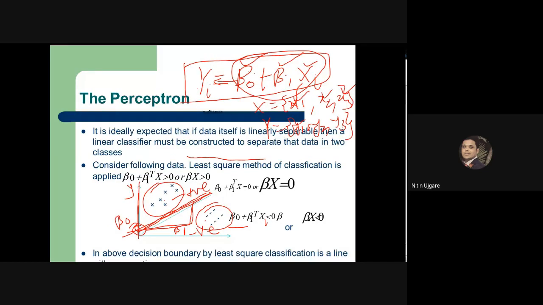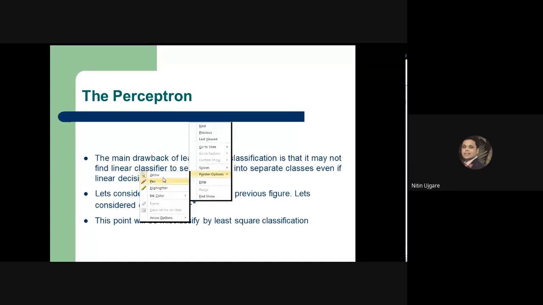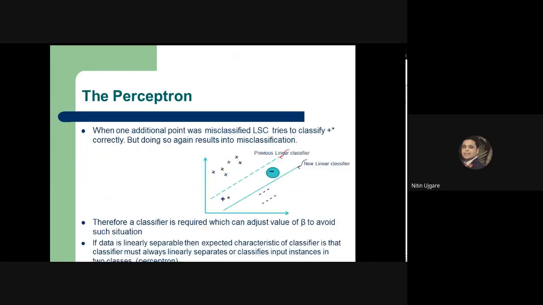So we'll introduce a new data point in the previous figure, and after introducing this data point, the least square classification method will misclassify it, as shown here.